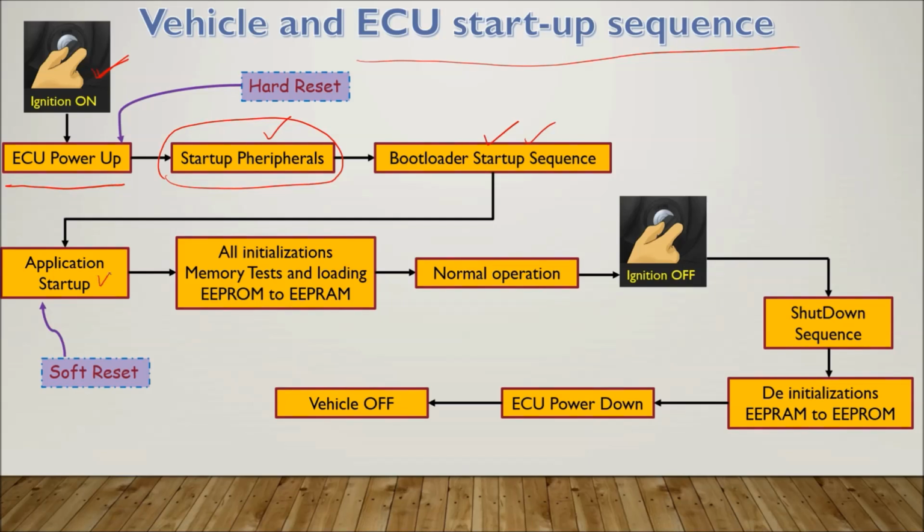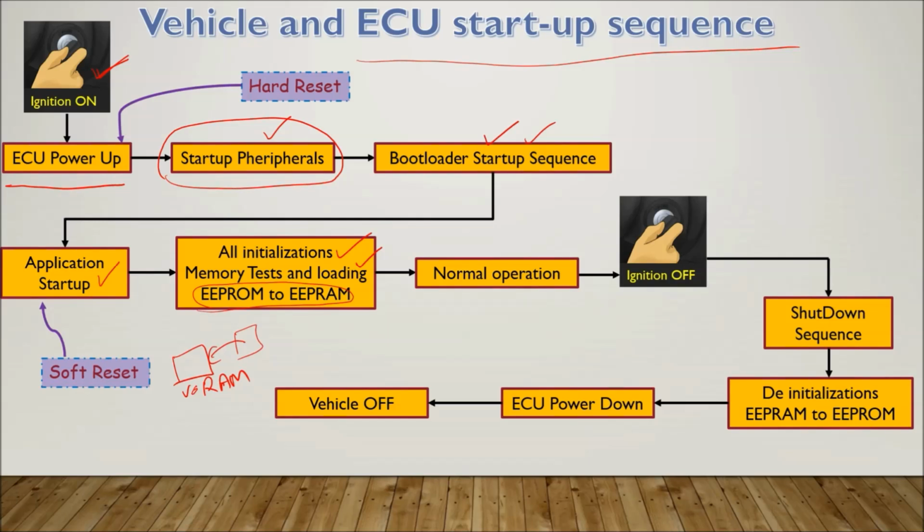So the application will start now. When the application startup happens, then all the process initializations are happening. The RAM testing happens and loading of EEPROM to RAM will be occurring. So the non-volatile memory contents, whatever is there, will be loaded to the volatile RAM, which the processor can directly access, right? That will happen after the application startup.